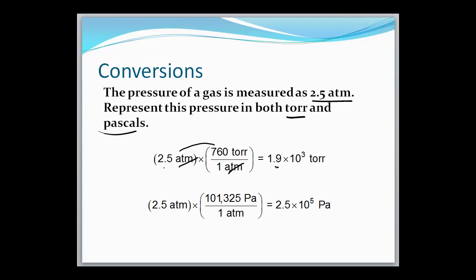Do the math, and you get your answer with the unit torrs left over. If you were converting to pascals, then you would say 1 atmosphere is 101,325 pascals. Atmospheres cancels, do the math, and you get your answer. So you're doing basic conversions that you should be quite proficient at this point.